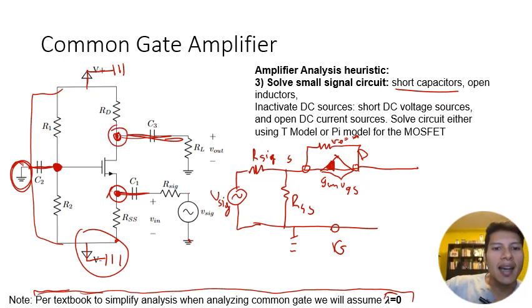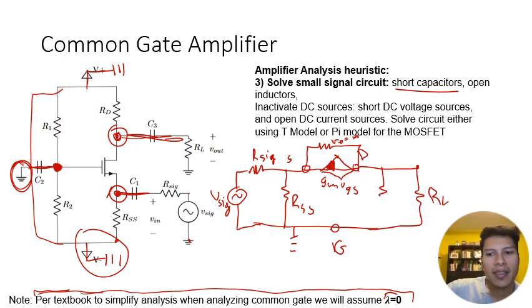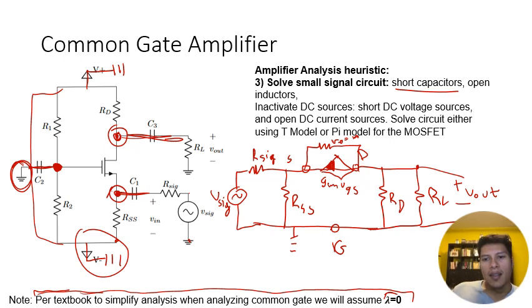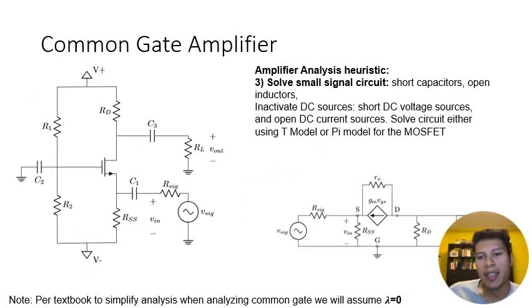And then finally, we have RL, which is just connected to the drain and then ground. And we have RD, which is connected to the drain and then ground. And then this is our output voltage Vout. Okay, so now we have our small signal model. In the next slide, I draw it more cleanly.